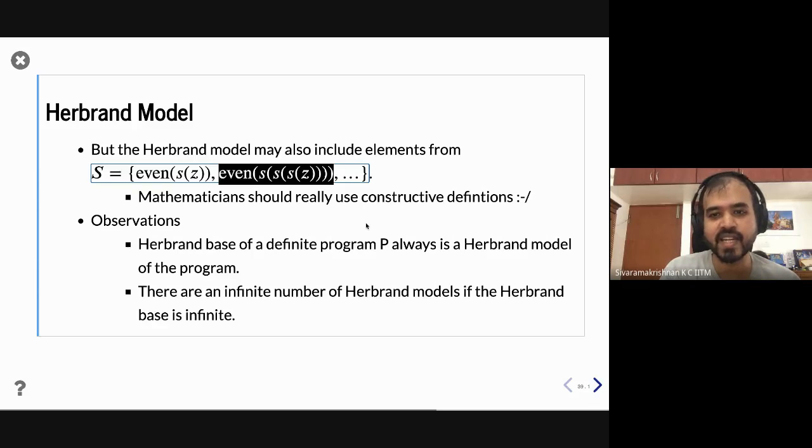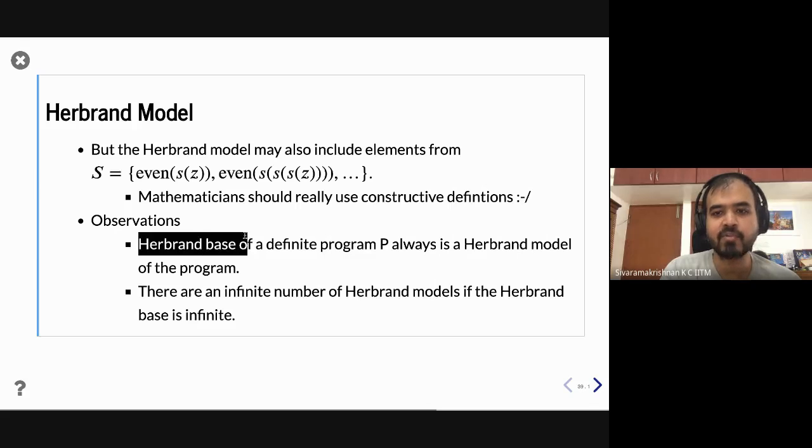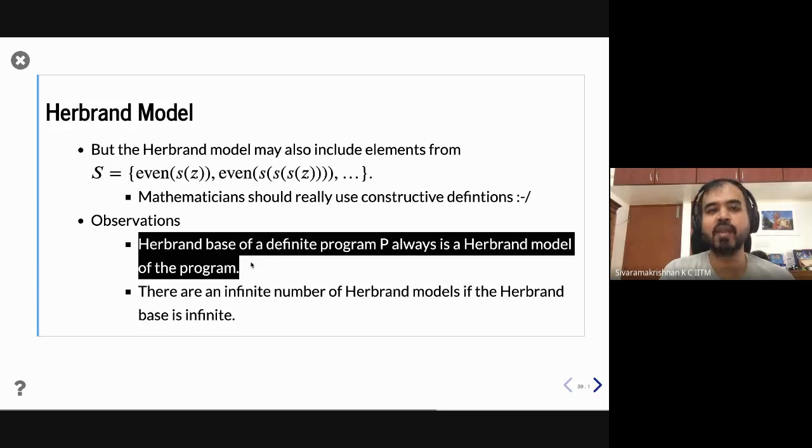Unfortunately, this means that the Herbrand base of a definite program is always a Herbrand model. The Herbrand base is anything that you can construct. In this particular program, the Herbrand base contains even of 0, even of 1, even of 2, even of 3, even of 4, up to even of infinity. That is also a model, because by this definition, anything can belong to the model.